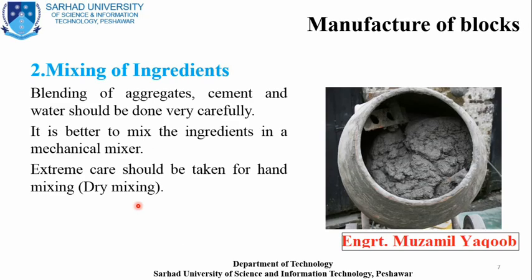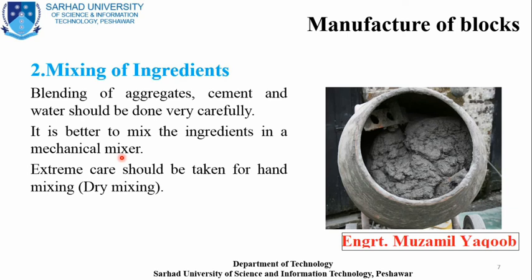In the second part, this is all about mixing the ingredients, meaning the raw materials which we prepared according to the required ratios in the previous step. Now it's ready to make a mixture. Normally we have two ways: hand mixing and using a mechanical mixer. I recommend a mechanical mixer because it gives us a better mixture, which leads to better quality.